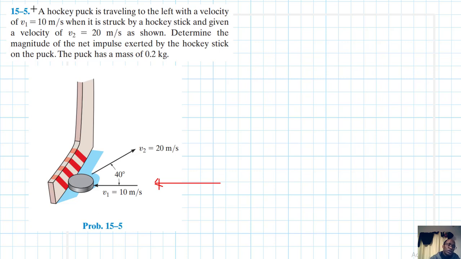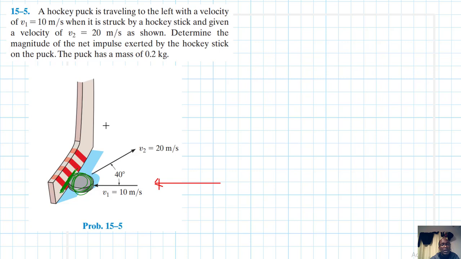The moment the stick and the puck are in contact, the stick transfers a force over a certain period of time, which we are calling impulse, and this impulse changes the momentum of the puck. And it moves in the direction of the impulse.